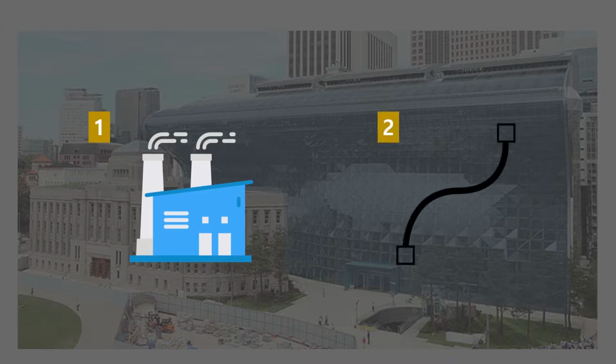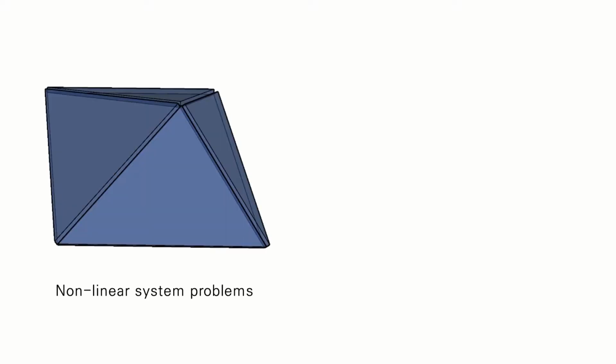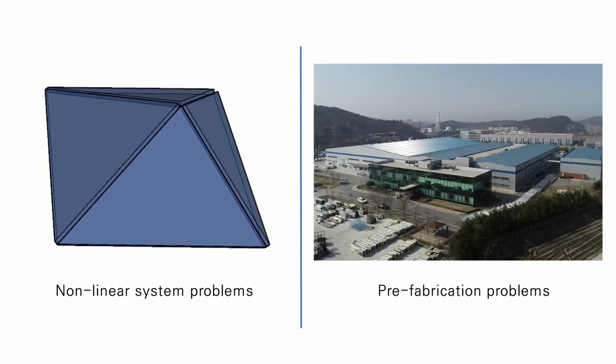In addition, the surface that forms the curtain wall has a nonlinear shape, so how to make this nonlinear shape is important. Thus, we studied the issue of glass and its frame that forms a nonlinear surface, and the issues from the prefabrication process in the factory.